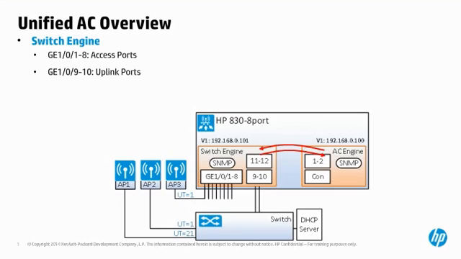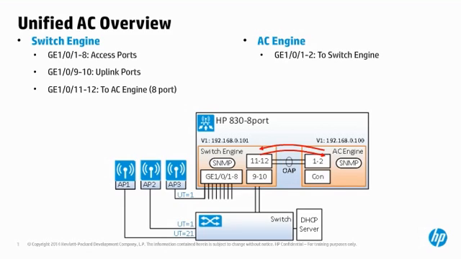The other functional component inside this unit is the access controller engine. The wired switch engine and wireless controller engine are unified inside the unit with internal Ethernet ports. The switch engine ports GE11 and 12 connect to AC ports GE1 and 2. These internal connections can form a link aggregated connection.